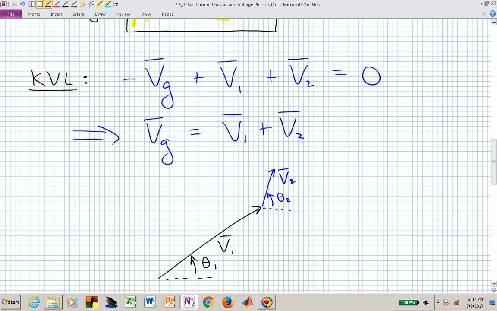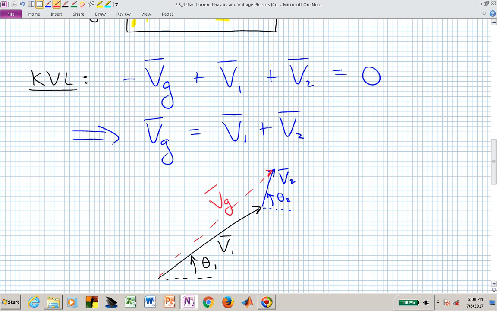It's really saying that V sub G is the vector sum of those, so that V sub G ends up going to the head of V sub 2.